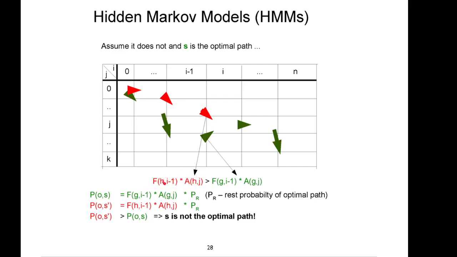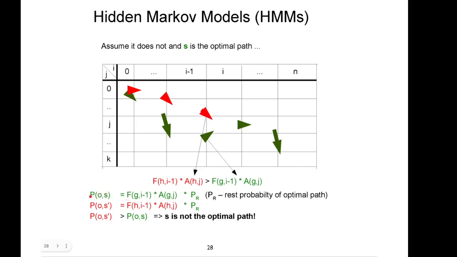So because we took the maximum, this is higher than coming from G to the cell J. So coming from G, this is called G here, and that was the optimal path that came from G. And the reason it came from G is that it had f_G(i-1), so that's the value over here, times the transition probability of going from G to J. But because of our maximum calculation, we know that this term is higher than that term. So that is just known.